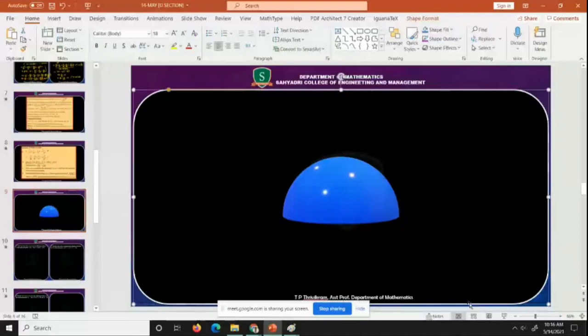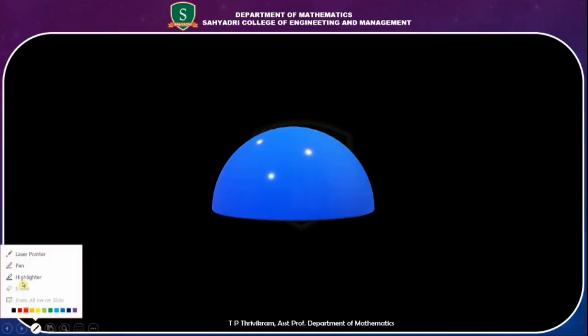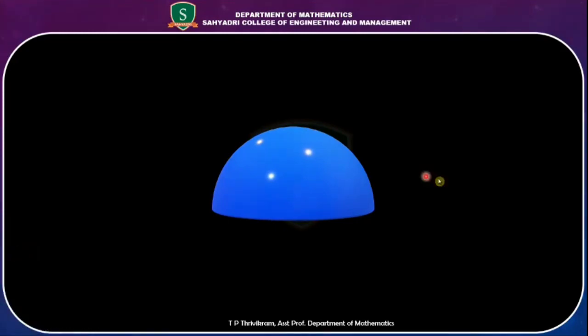Suppose this is your shape. Okay, so the gradient will give the direction of the function which is maximum value. Suppose, what is the highest value of this function if you represent any function like f of x?